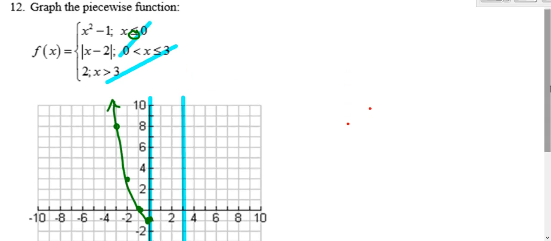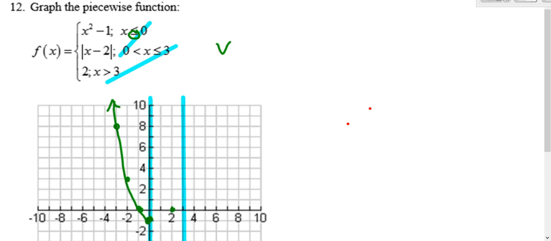In between, we're graphing absolute value of x minus 2, which is the absolute value function, which is a v, shifted to the right 2 spaces. So that means that the point of the v is shifted to the right 2 spaces. And then it makes the v, goes up 1 over 1.